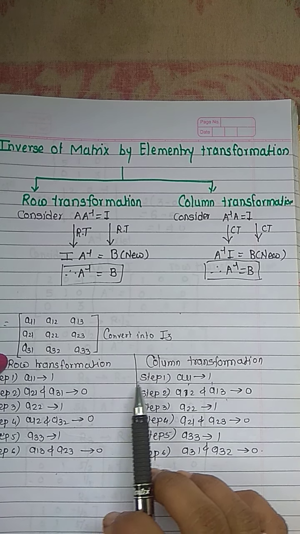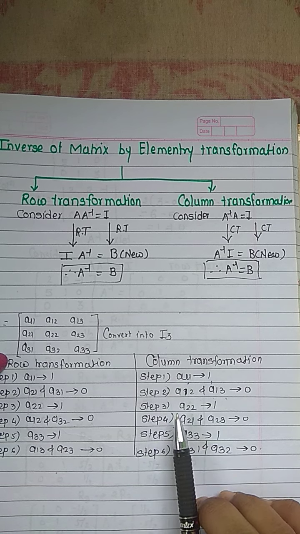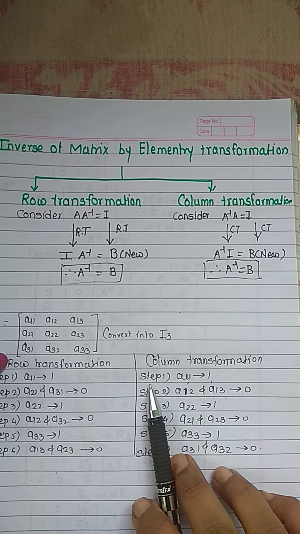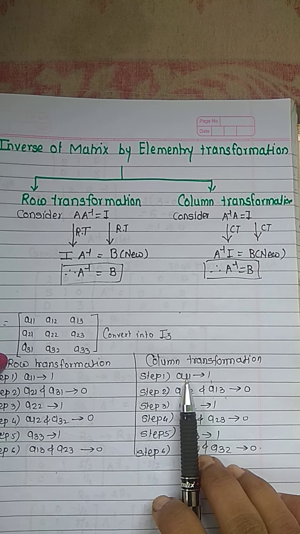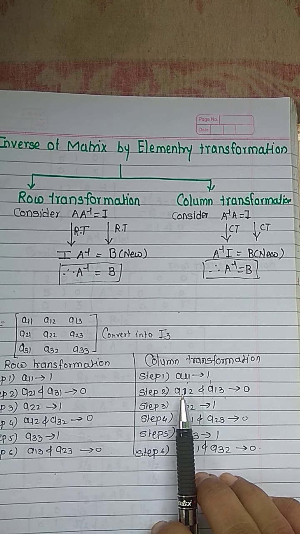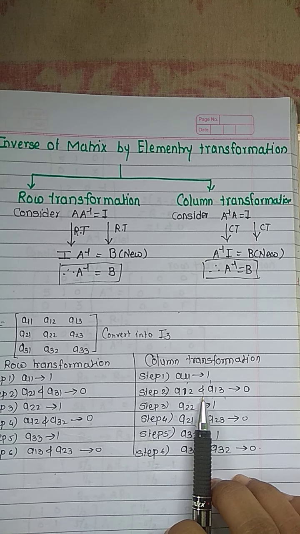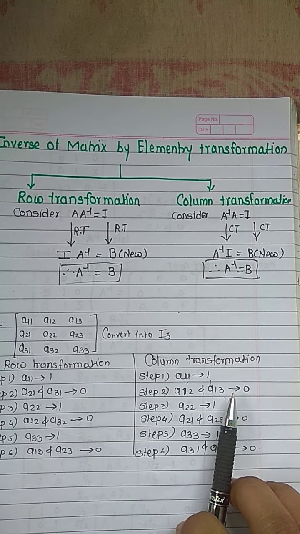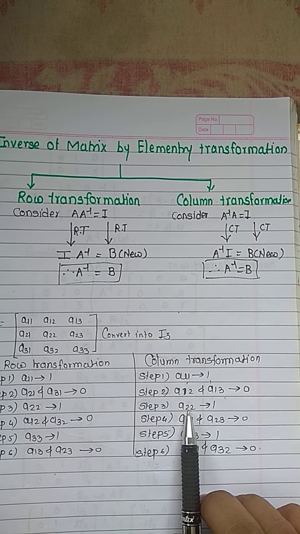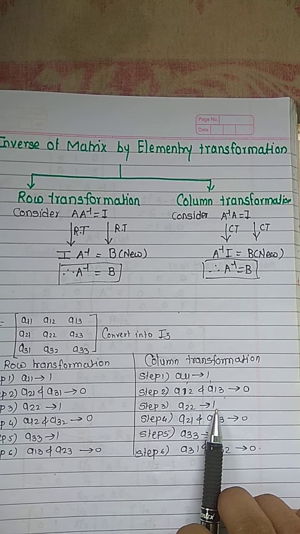If we apply the column transformation, we can use the following steps. First step is to reduce the A11 position element to 1. Step second, reduce the A12 and A13 position elements to 0. Third step, reduce the A22 position element to 1.